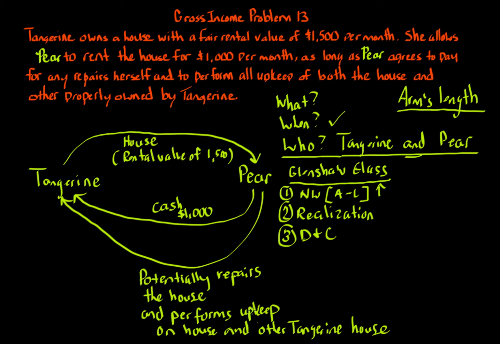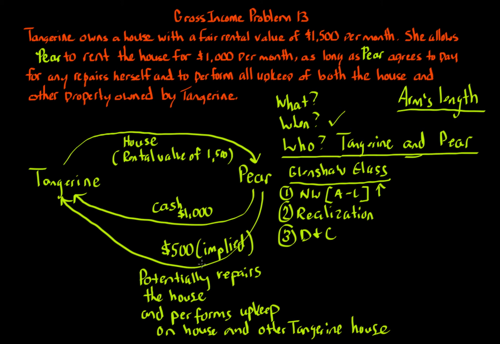We're told that Tangerine gets the potential repair of the house and upkeep on the house and other Tangerine houses. So this is implied to be worth $500, because $1,500 on this side has to equal $1,500 on the other side when the parties are unrelated, from a tax standpoint. So this is worth about $500.